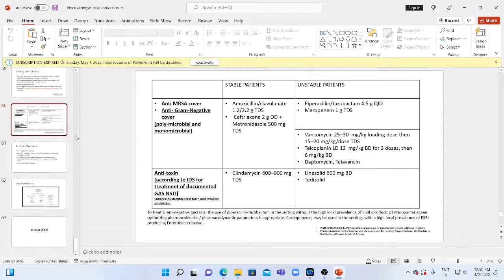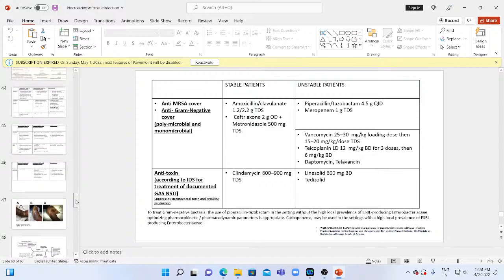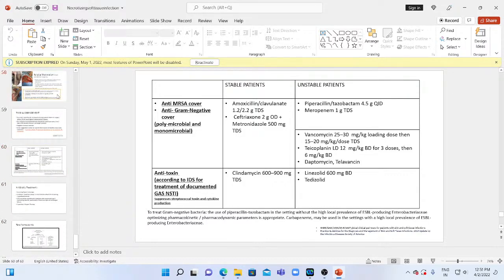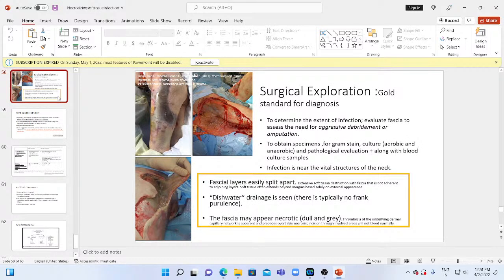Just explain that further. The finger test is surgical, also called surgical exploration, a diagnostic test wherein over the necrosis or the site of infection, we give local anesthesia and make an incision of approximately 2 centimeters, and we probe our fingers within the fascia to feel the skin, fascia, and subcutaneous tissue.